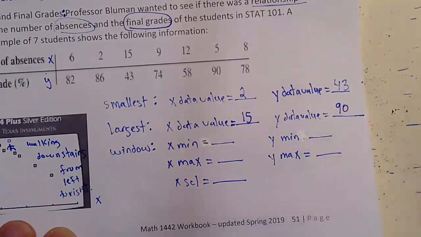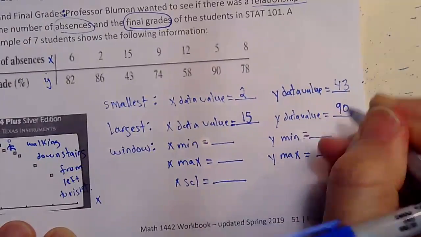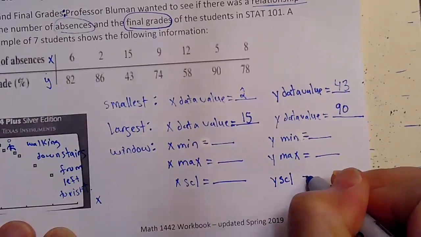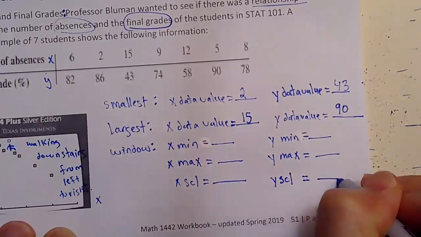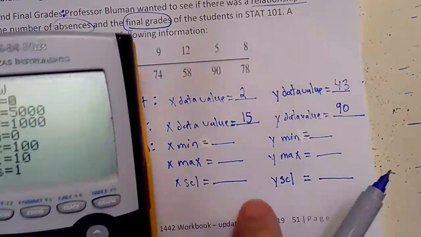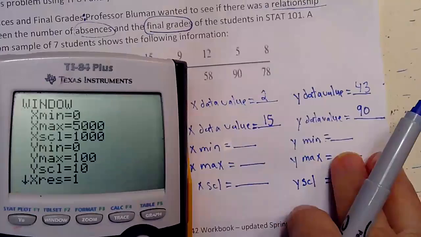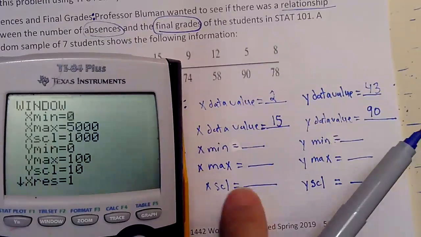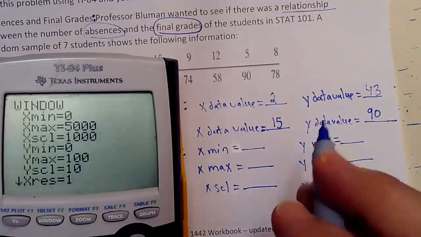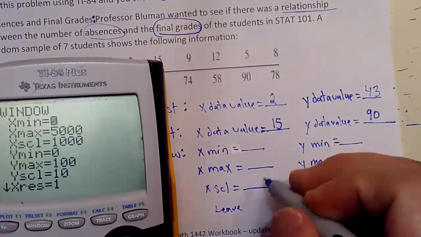I guess you could put a colon or an equals. I'm noticing your calculator has an equal. Y scale. So you see where this is coming from: X min, X max, X scale, Y min, Y max, Y scale, and then we leave this alone.